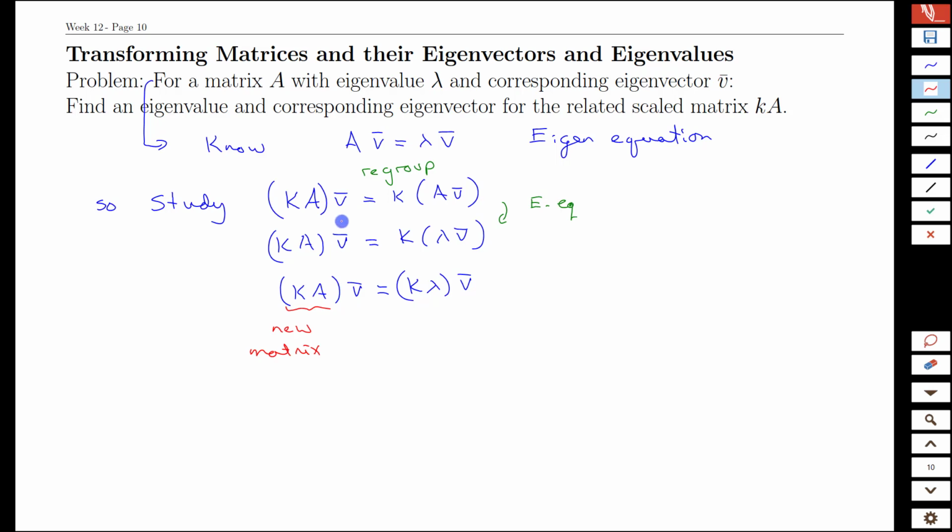And we didn't have to assume anything about v, except that it was an eigenvector of A. We were told that up front. When we scale the matrix by k, not too surprisingly, we get a new scaling factor.